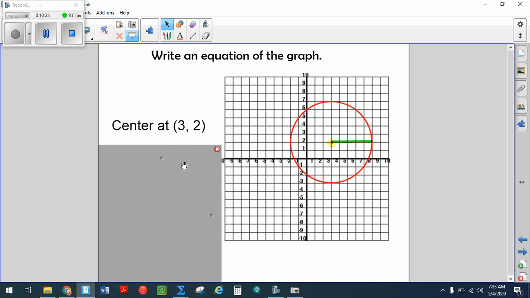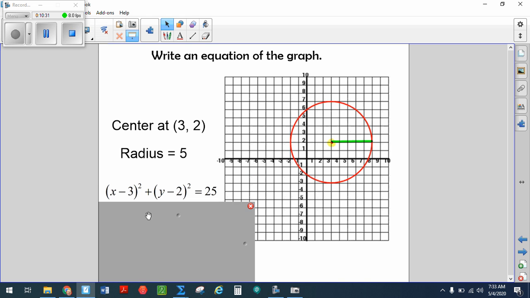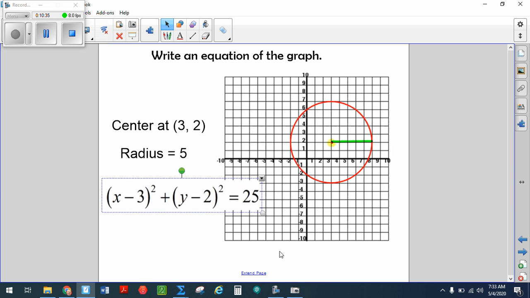So center at 3, 2, radius of 5. When I go to write my equation, I'm going to say x minus 3 squared plus y minus 2 squared equals 25.